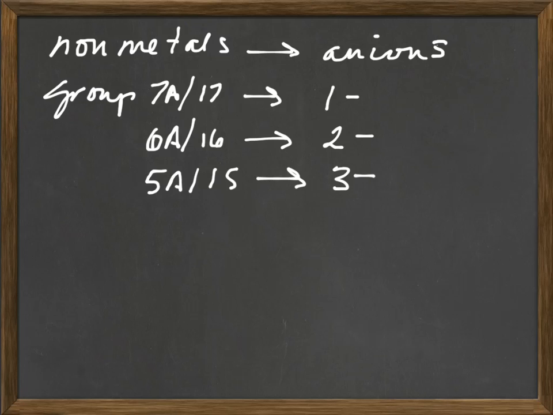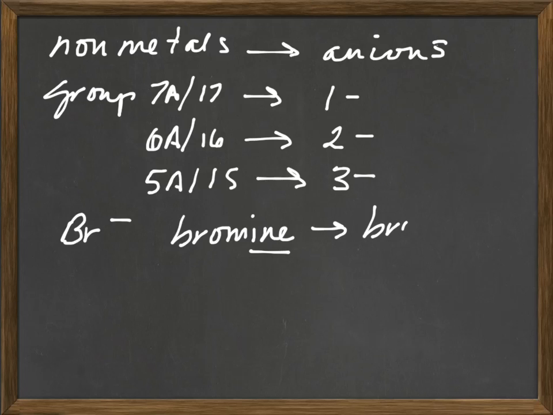And then we need to know about the names of these. So, like, let's do bromine, the ion. To write the name of this ion, we take the element name, bromine, and we take off this last part, and it becomes bromide. That's the ion.